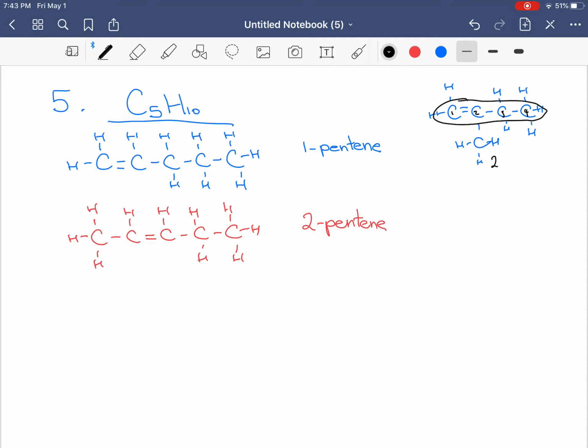You would say this is called 2-methyl, I'm talking about this guy, 2-methyl 1-butene. The 1 in this case is very, very important because you're going to see 2.